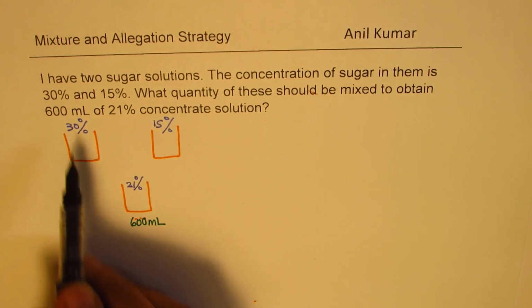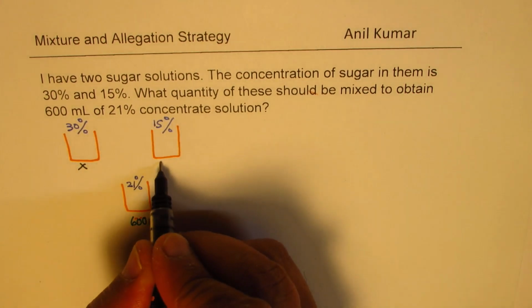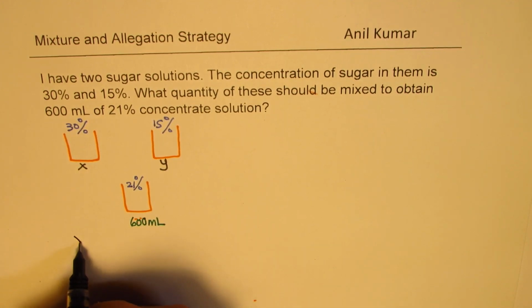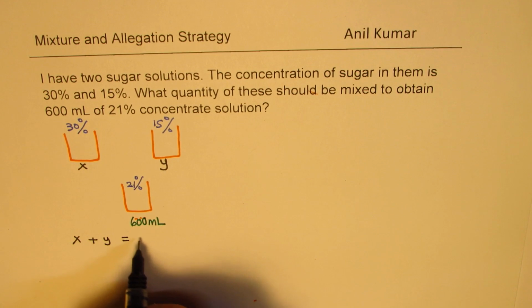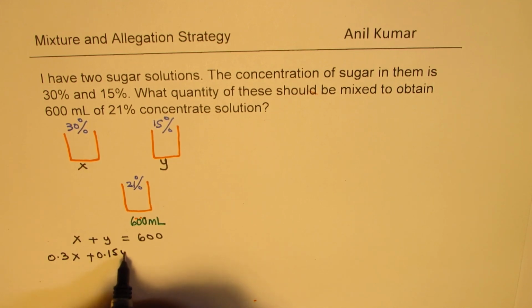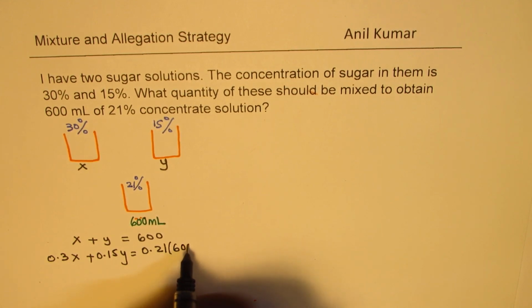Very simple. 30% of, we don't know what quantity, let it be x, and let this be y. So x plus y is 600. So we get one equation, x plus y equals 600. The second one, of course, is 0.3 times x plus 0.15 y equals 0.21 times 600.